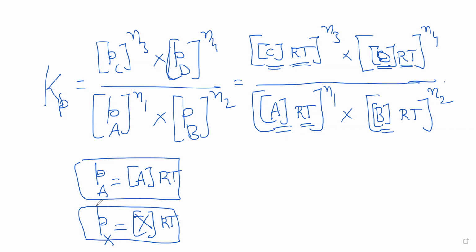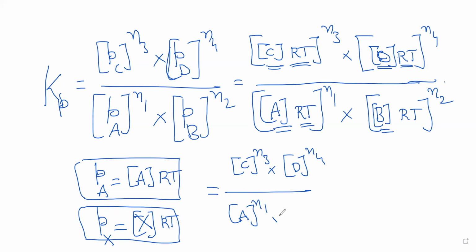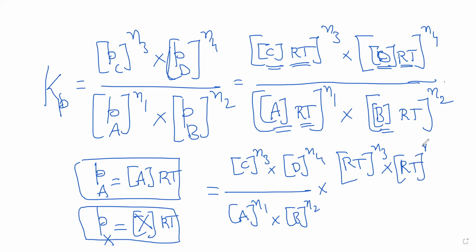Now we can split this: concentration of C power n3 multiplied by concentration of D whole power n4 divided by concentration of A whole power n1 into concentration of B whole power n2, and then RT whole power n3 into RT whole power n4 divided by RT whole power n1 into RT whole power n2.